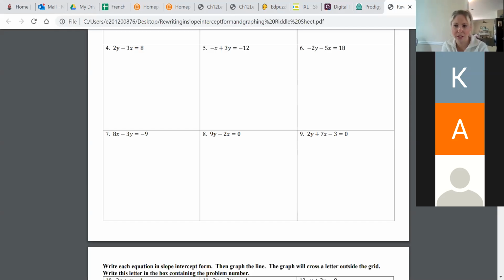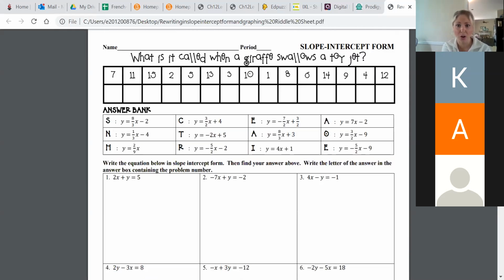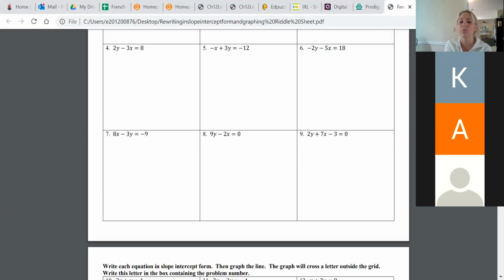Do you understand? Okay, so once you've got it into that format, then you can go ahead and solve it. And I think all of those are still rewriting questions, aren't they? They're all just getting them rewritten into that y equals mx plus b. So once you've got that 3 over, then you would move your x over, then you would divide by your y, and then you would find out which one belongs to it.